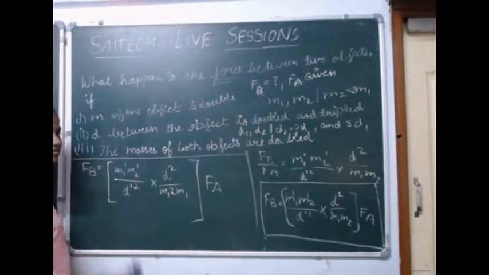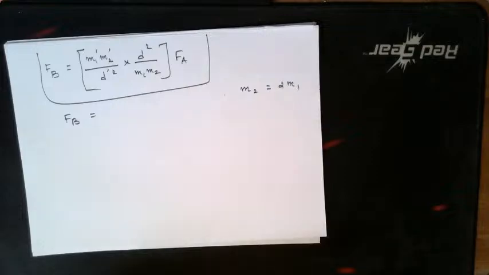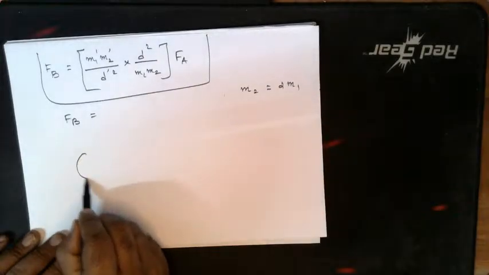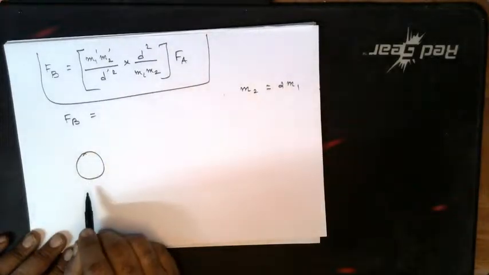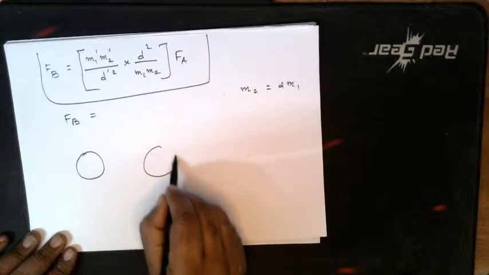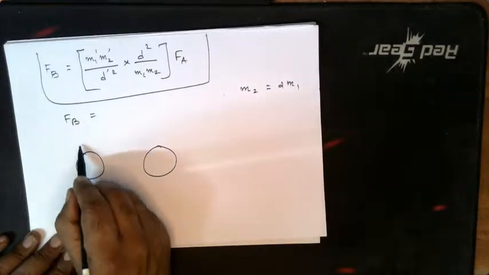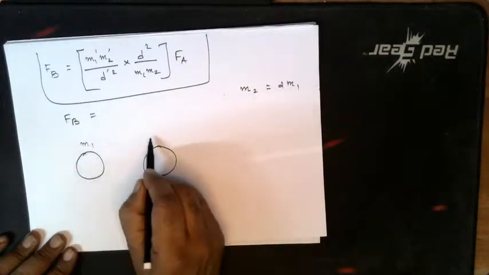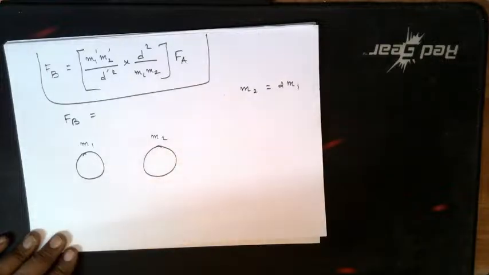Now listen here. This is a tricky question. You have initially one mass and another mass. Previously it was M1 and this is M2. Are you able to follow?